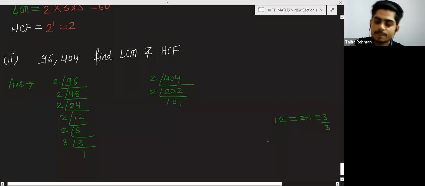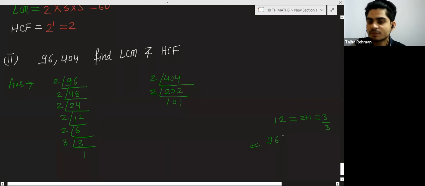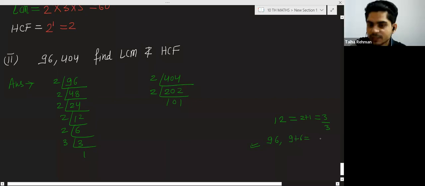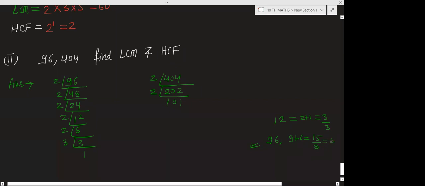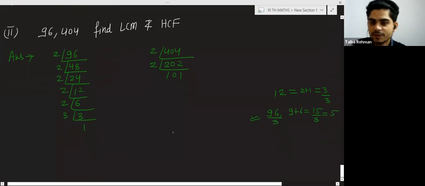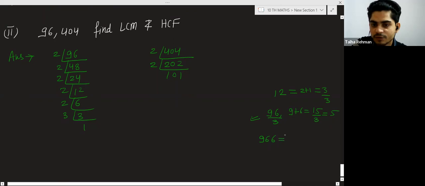Like I am saying a number 96. I want to check whether this number will be divided by 3 or not. So what do I do? I will add the digits. 9 plus 6, 15, and I can divide 15 by 3, means this number can be divided by 3. Similarly, if I want to check 966, what will I do?